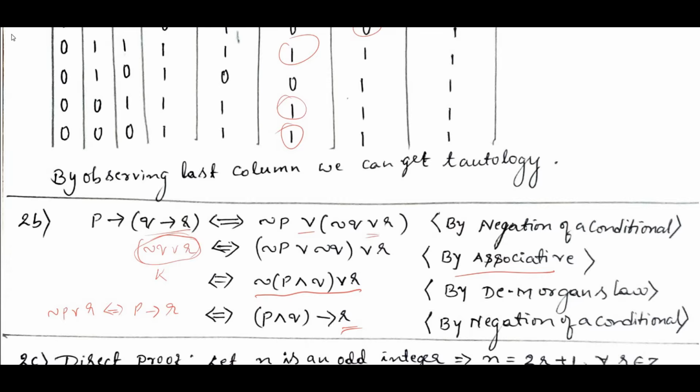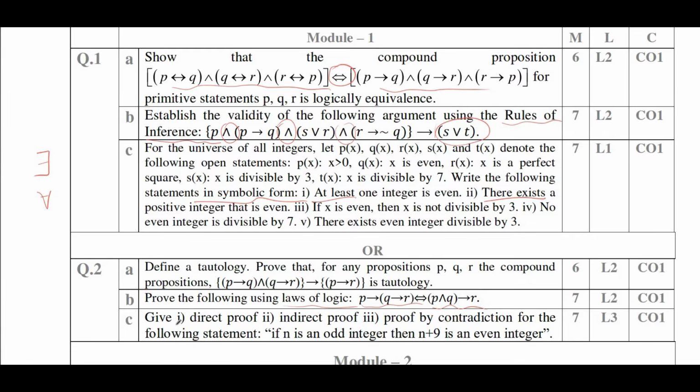So moving to question number 2c. The question is given like this: give a direct proof, indirect proof, and proof by contradiction for the following statement.